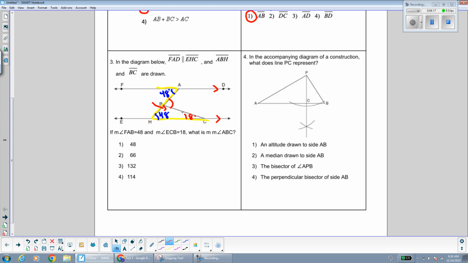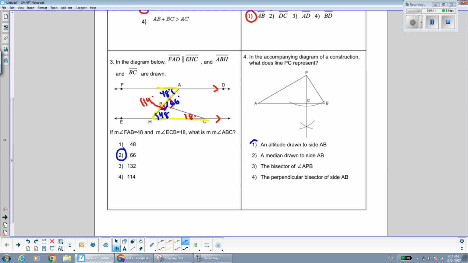So this angle over here, HBC, the last angle of this triangle, would be 114 degrees. Now, this angle is supplementary with the one next to it, angle ABC. So I'm going to do 180 degrees minus 114 to get this angle, and that's 66 degrees.